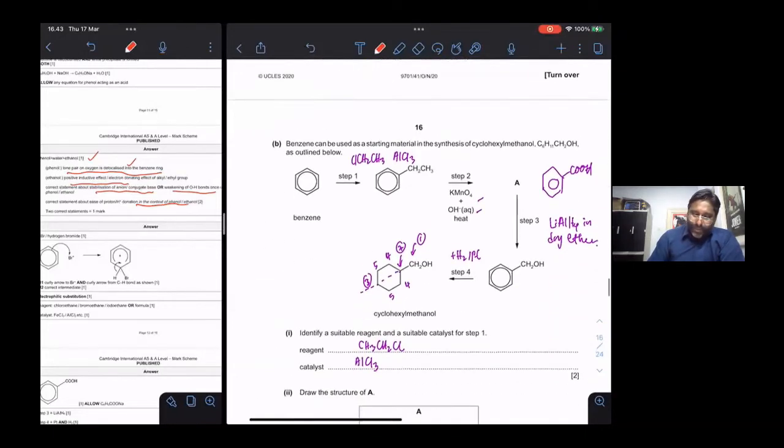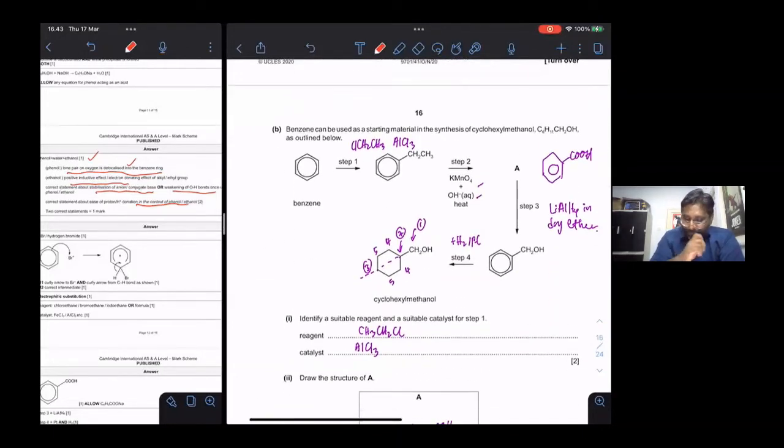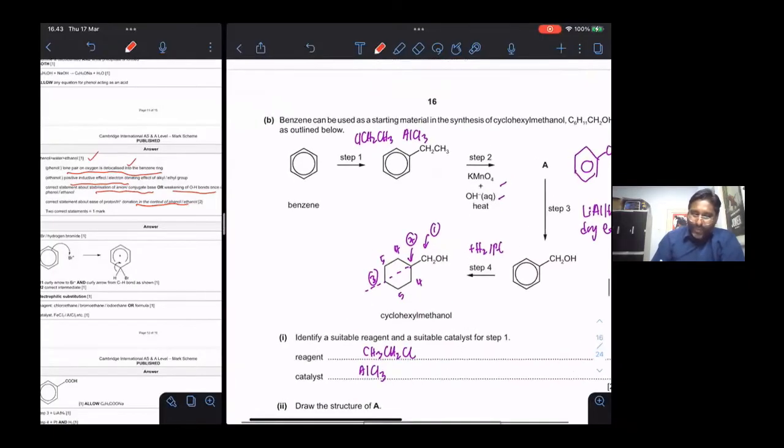Now, benzene can be used as a starting material in the synthesis of this compound. You see, step number 1, suddenly you have C2H5. So of course, you must have the halogenoalkane, CH3CH2Cl. And because we are dealing with Friedel-Crafts alkylation, you need to have a halogen carrier, because you are substituting into the ring.